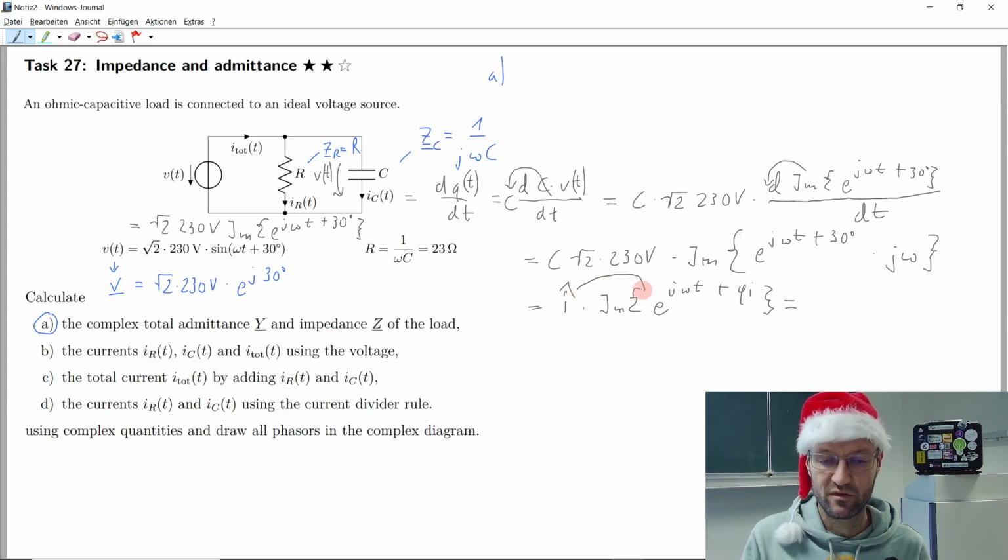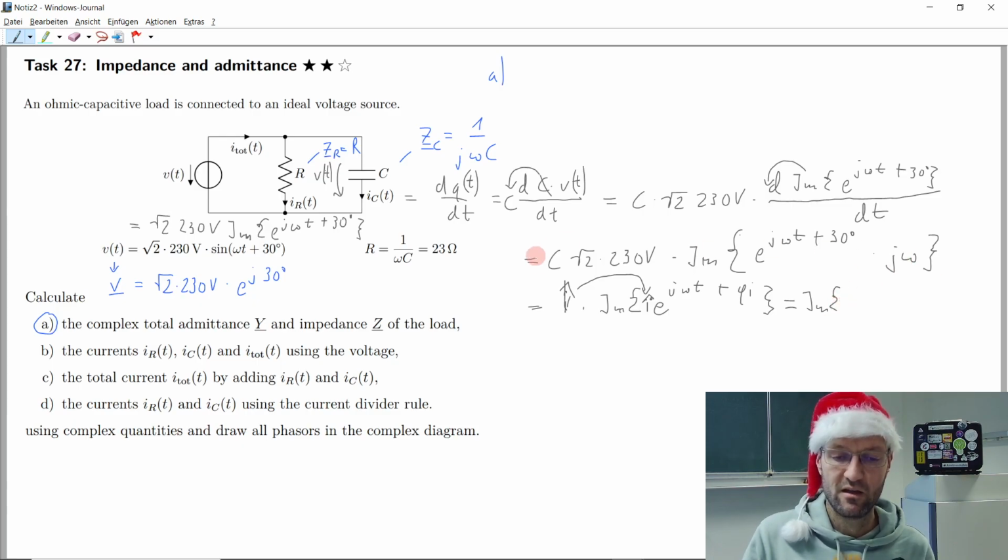So let's move this into the imaginary part function, and say this is I hat, the amplitude of our current, which is just a real number as we discussed before. And on the other side we have the imaginary part of j omega times c, j omega c times the magnitude of our voltage, which is what we had here before.